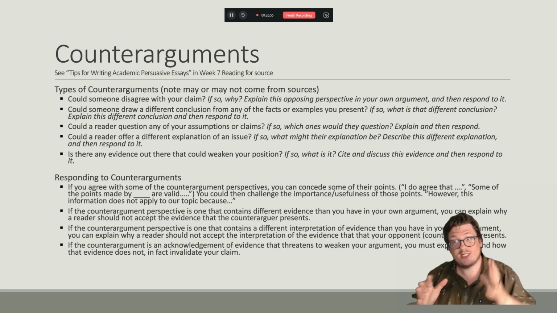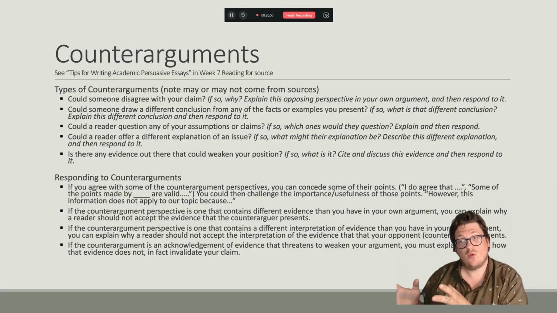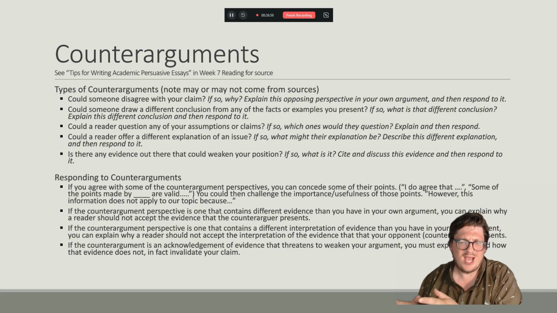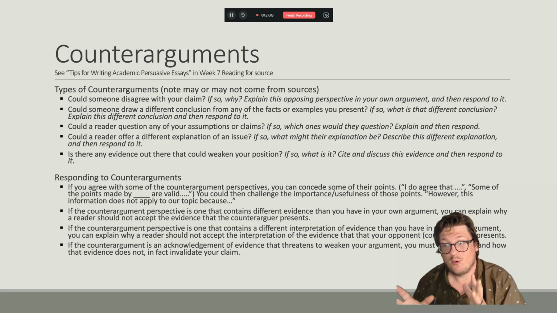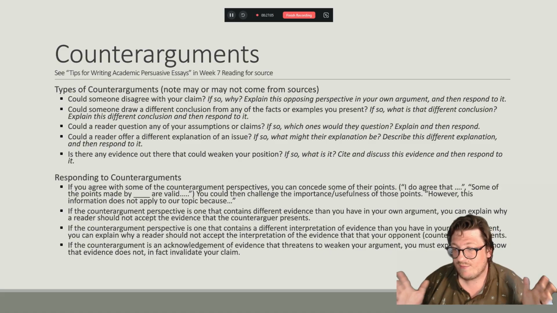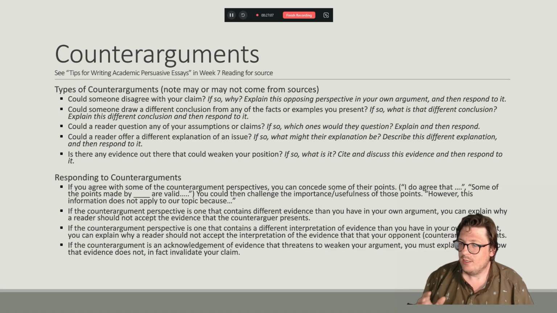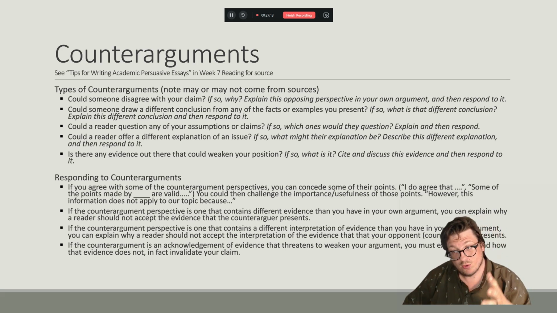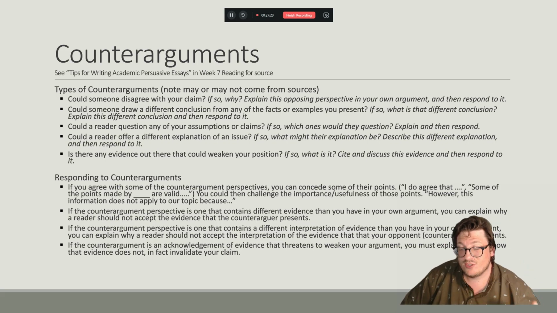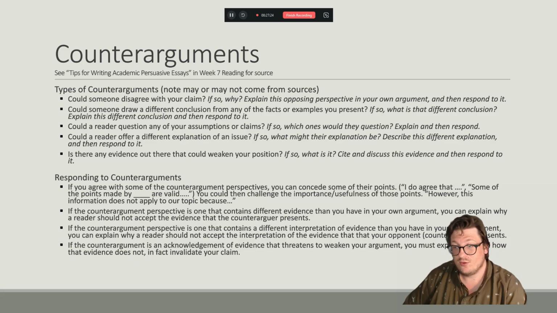But if you can successfully say, hey, there's this really good objection to what I'm saying, but here's why they're misguided, or here's why what I'm saying is still important, we should do it, however you deal with that, if you do it well, it will make your audience trust you and really see, okay, yes, this person knows what they're talking about. They've shown me this issue. I really think this is a big issue that needs to be solved, and their solution, maybe it's not the one that everyone else is saying, but it is a good solution and we should do it.